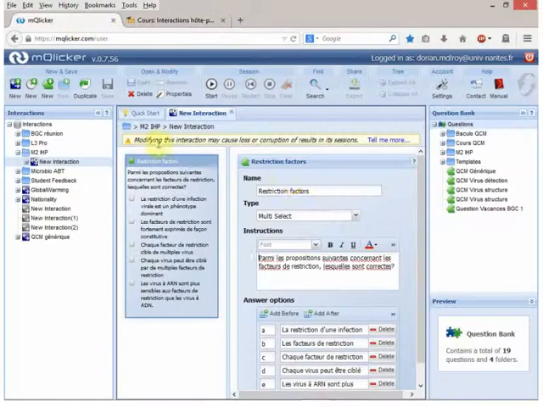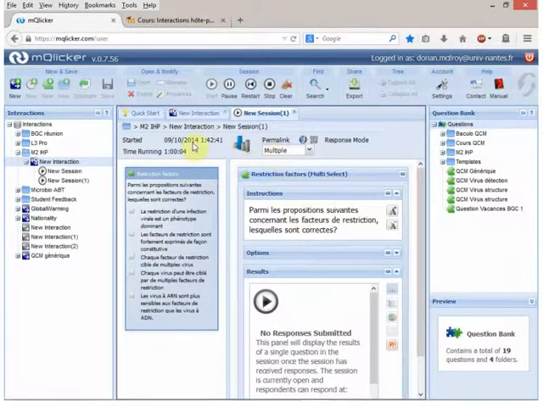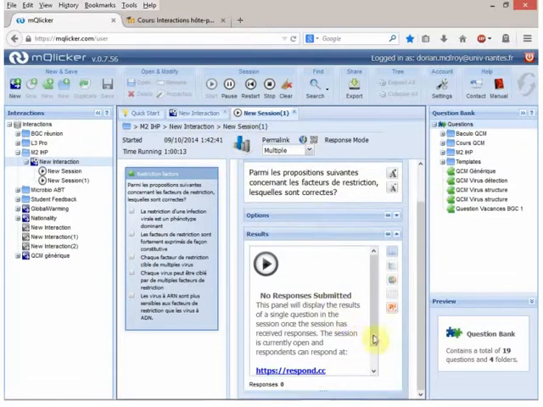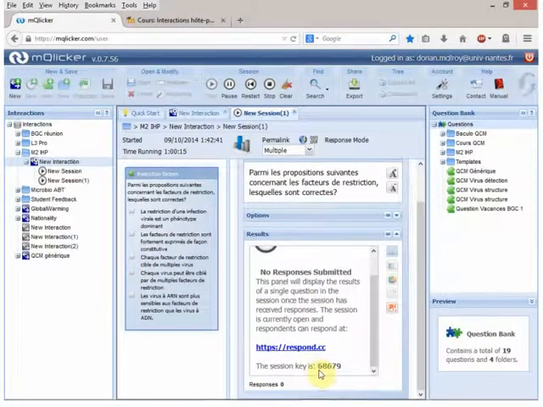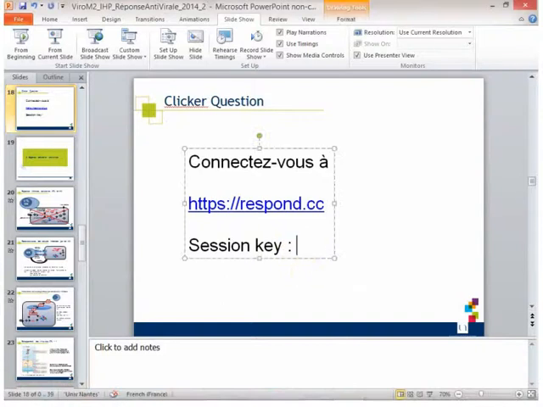So let me just start. Okay, it's down here. I'll put 68679. That's the session key. Everybody got it?